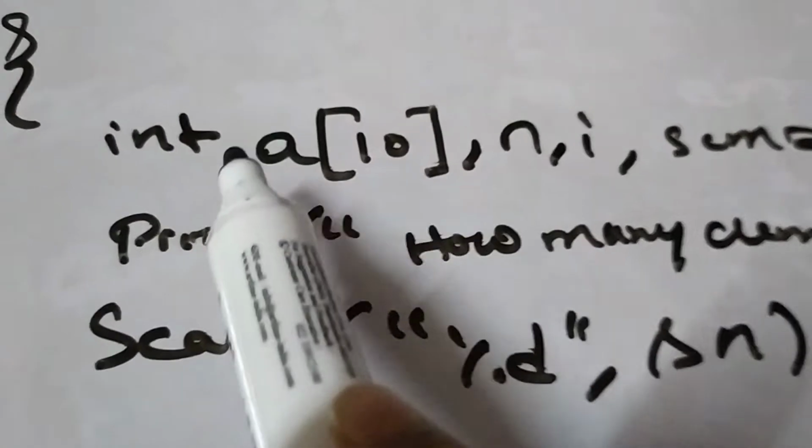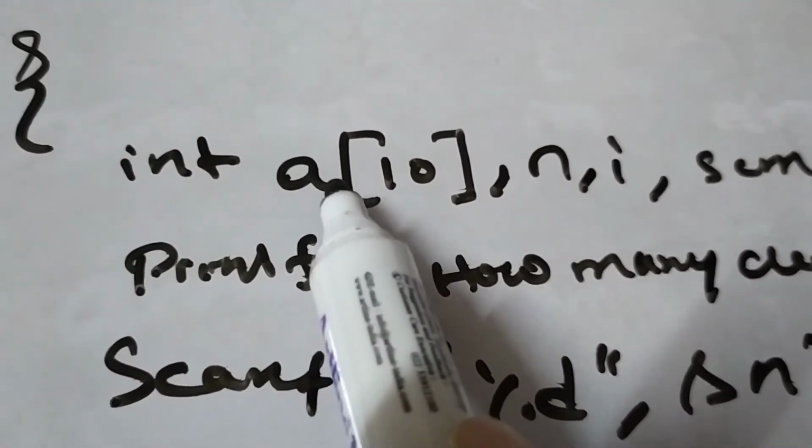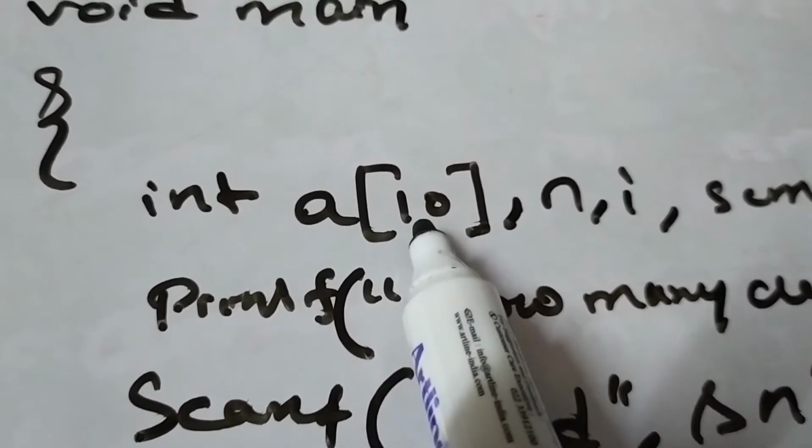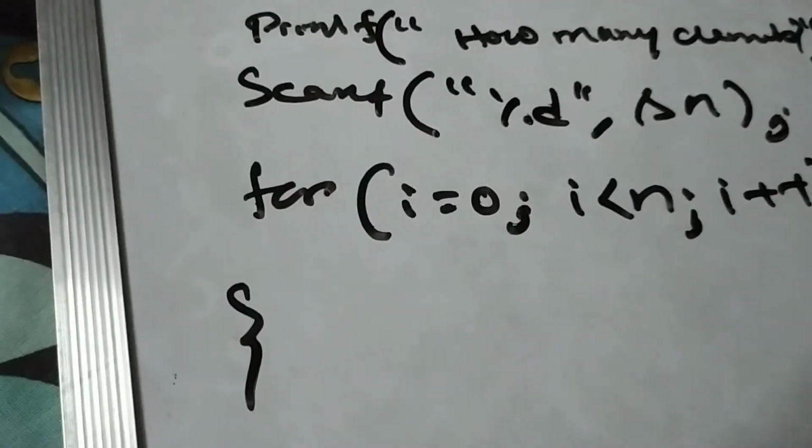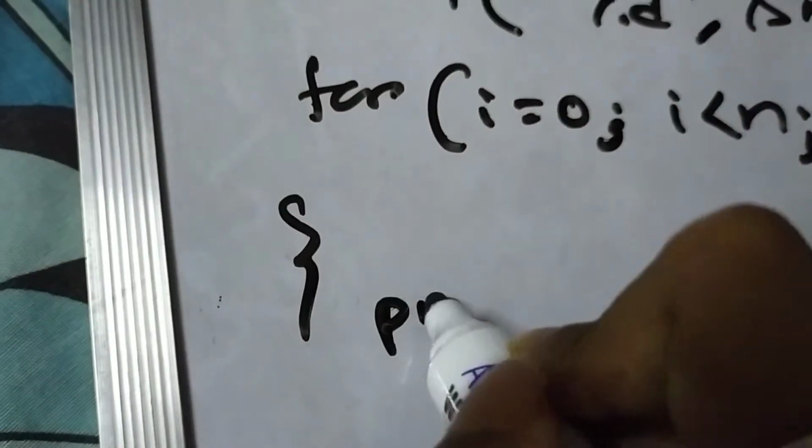Now I have taken an array and given 10 elements to it. Again I have taken variables n and i, and this is the sum variable, sum equal to 0.